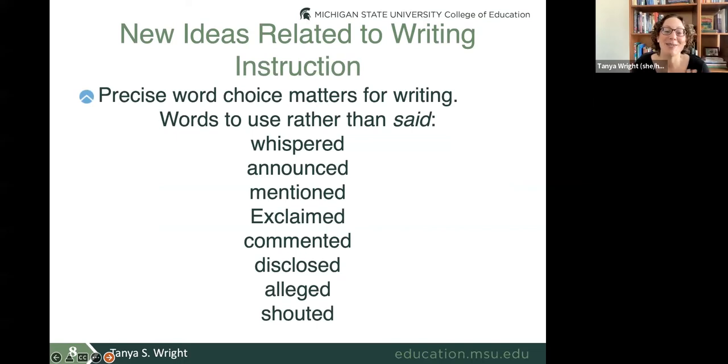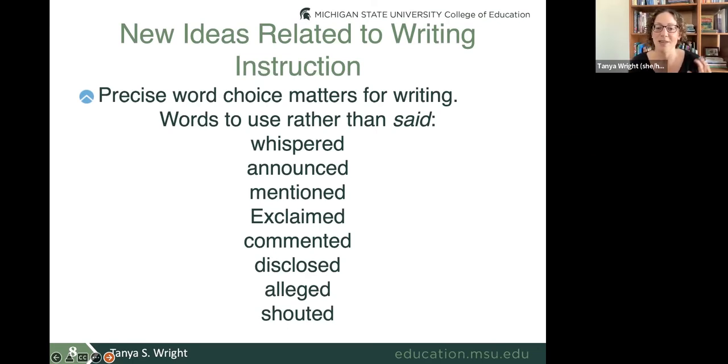So just back to my train of thought, precision really matters in writing. I was thinking about different words that we might use to mean said when we're writing. If a character said something, whispered means something very different to announced. Mentioned means something different to exclaimed. If you just comment on something versus you disclose something, which suggests it's something secretive.